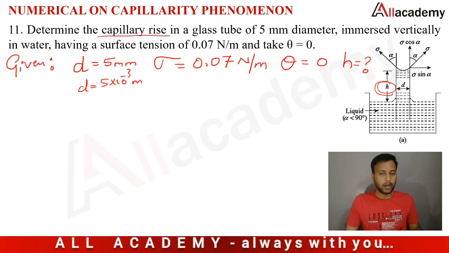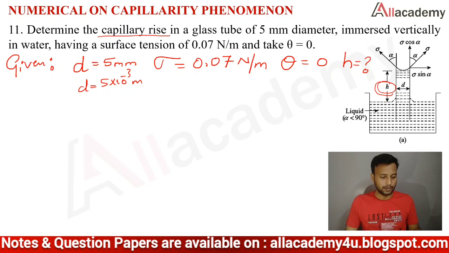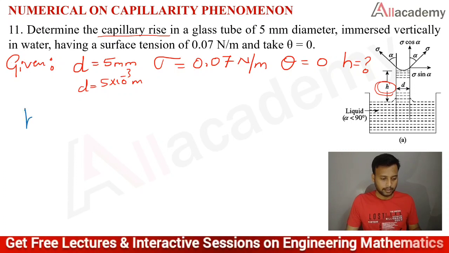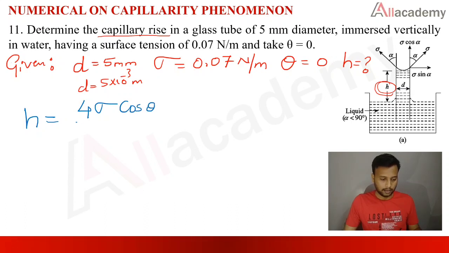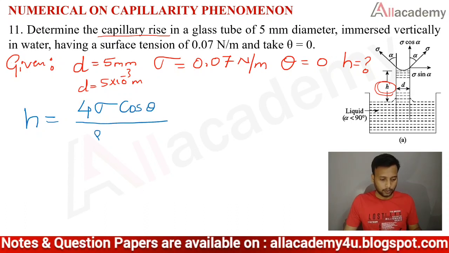Now what is the formula for capillary rise and depression? For both cases the same equation is used. For capillary rise and fall, H is equal to 4 into sigma cos theta divided by rho g into D. Why have I taken rho g D?